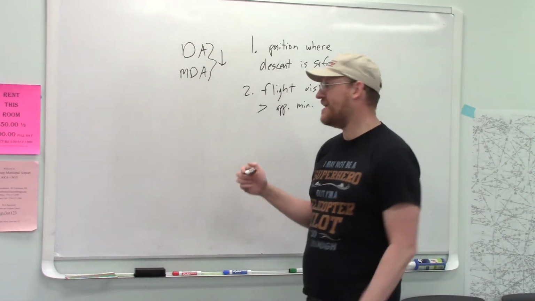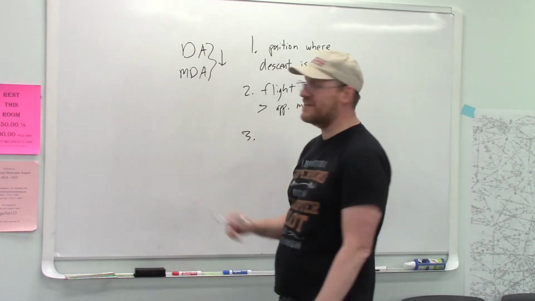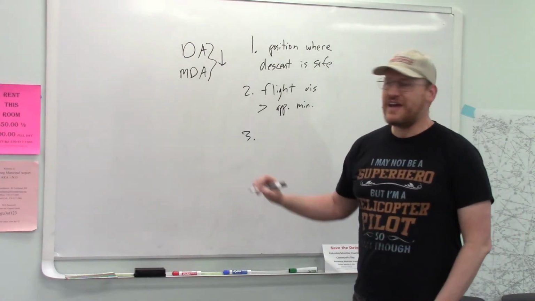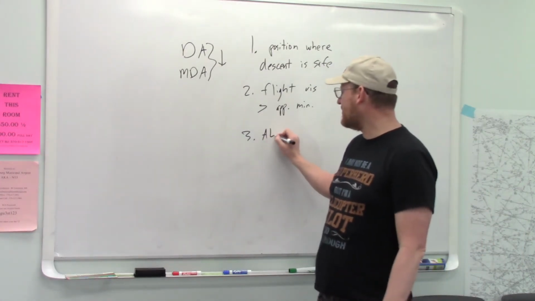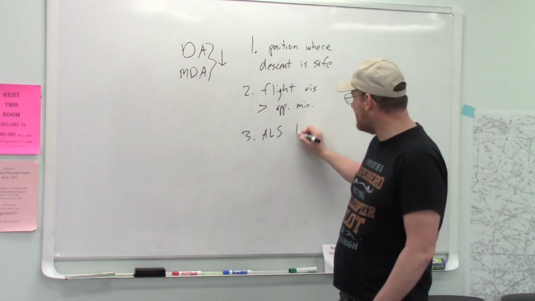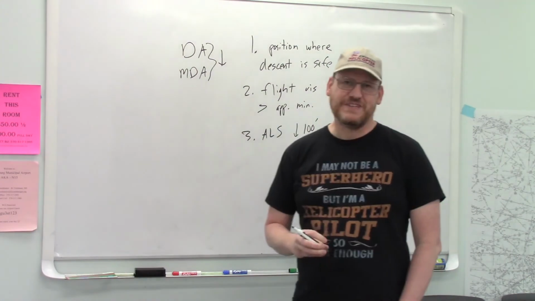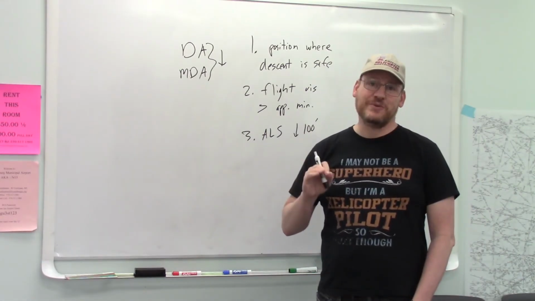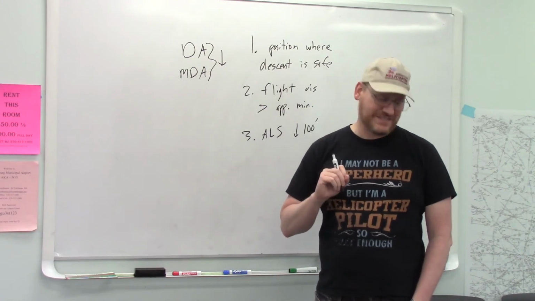Okay, and number 3, you have to have something in sight. If you have the approach lighting system in sight, you can go down another 100 feet, if that's all you have. And then you have to be able to see other things on this list.